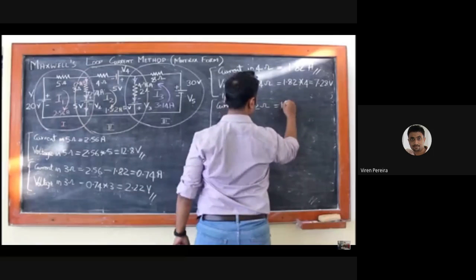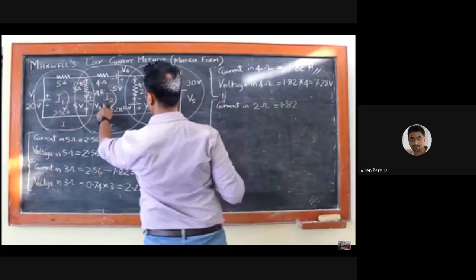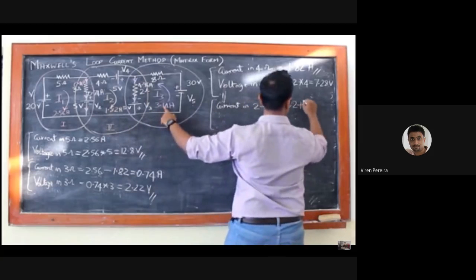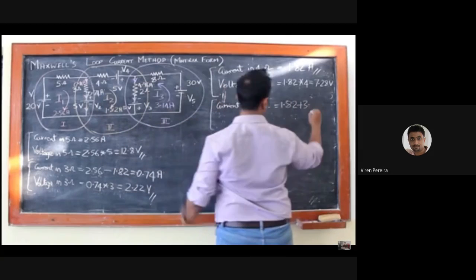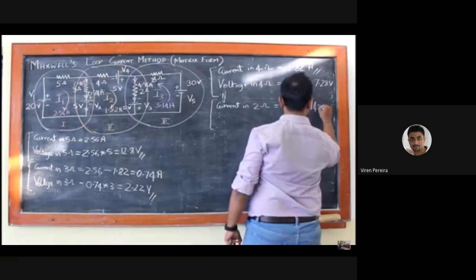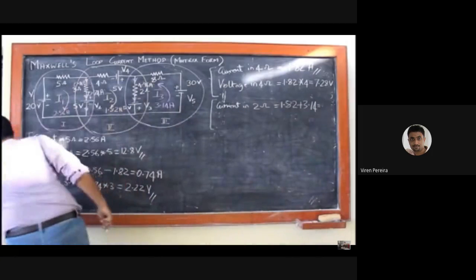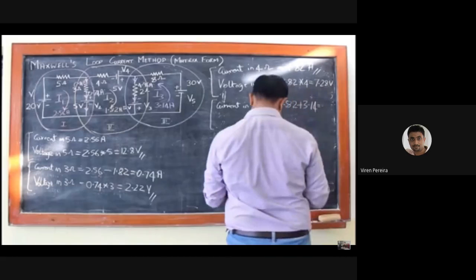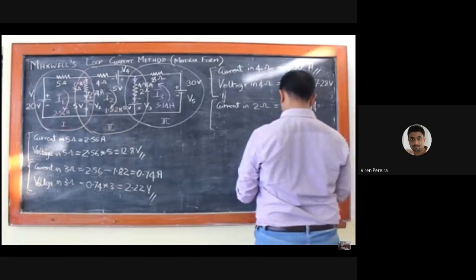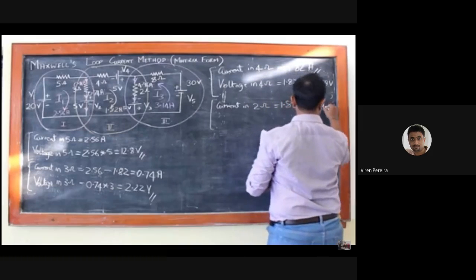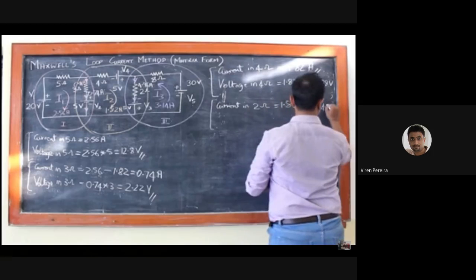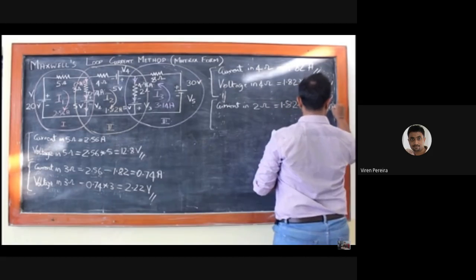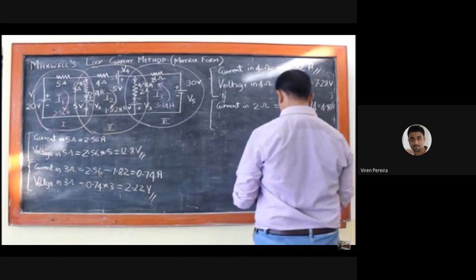1.22 plus 3.14, which is equal to 4.96 amps.